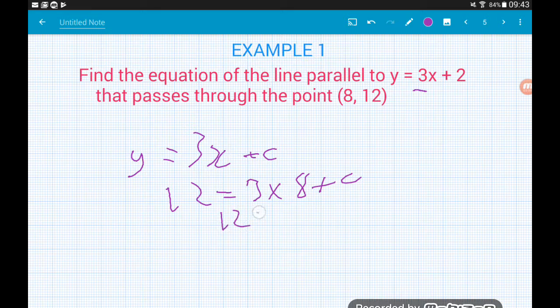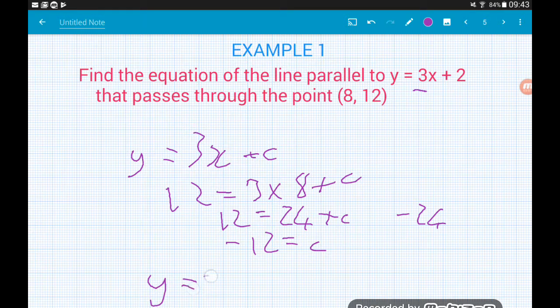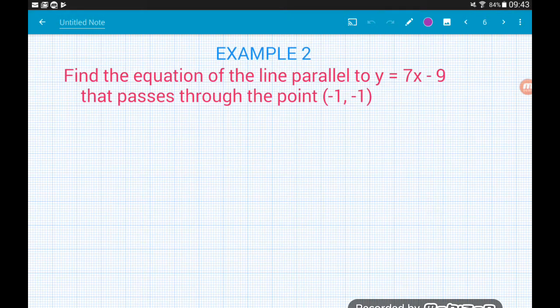That will give us 12 is equal to 24 plus c. Now take away the 24, we get -12 is equal to c. So we've worked out the value of c. So our equation is y = 3x - 12. Jobs are good.